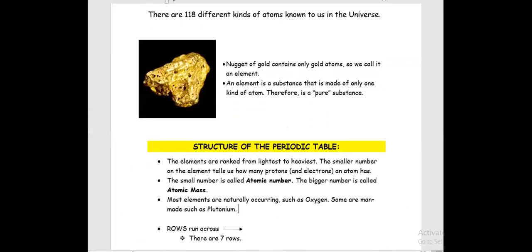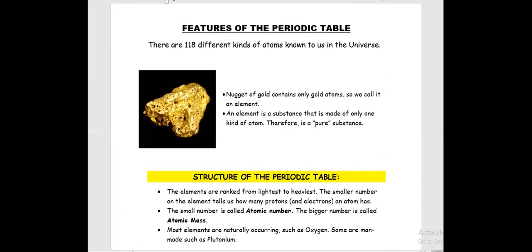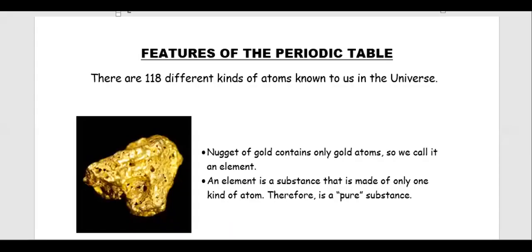Okay, the first thing we're going to talk about is the features of the periodic table. We learned the other day that there are 118 different kinds of atoms known to us in the universe, right? If we look at a nugget of gold, we know that it only contains gold atoms, so we call it an element.